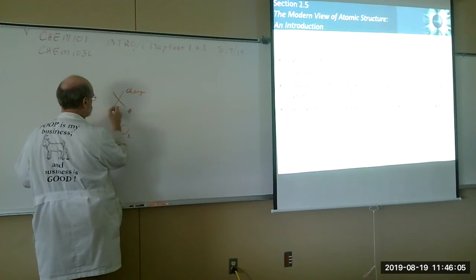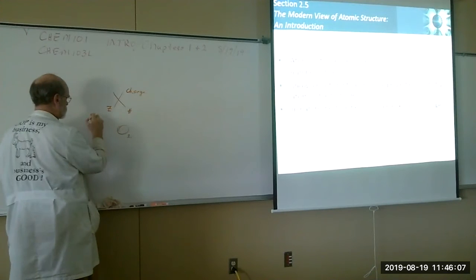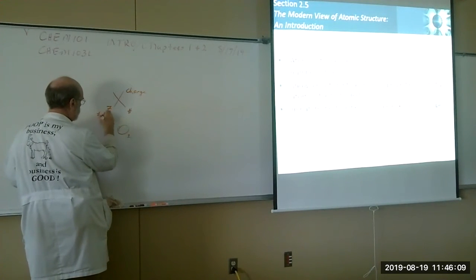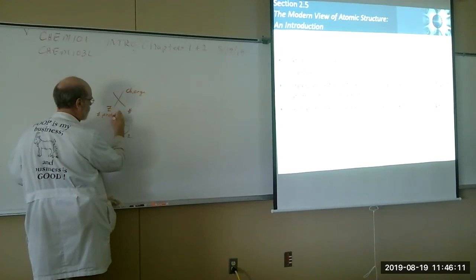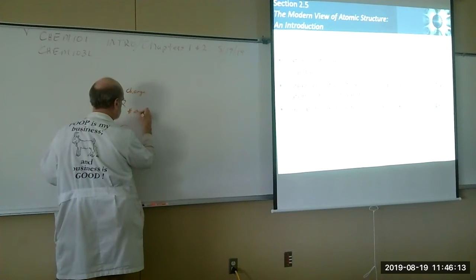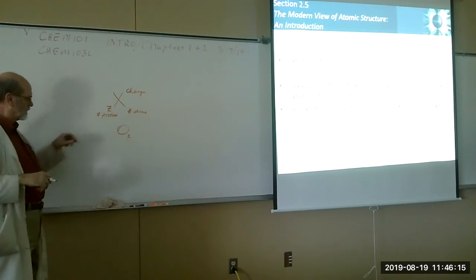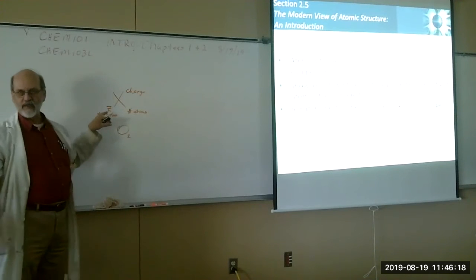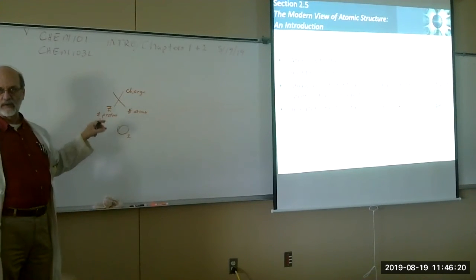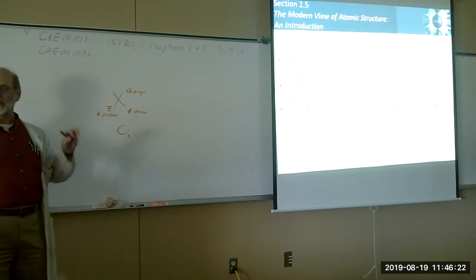This one is for number of protons. This is the number of atoms, if you have more than one. This is the number of protons, and we abbreviate that with a Z, the Z number. Number of protons, that's the atomic number.